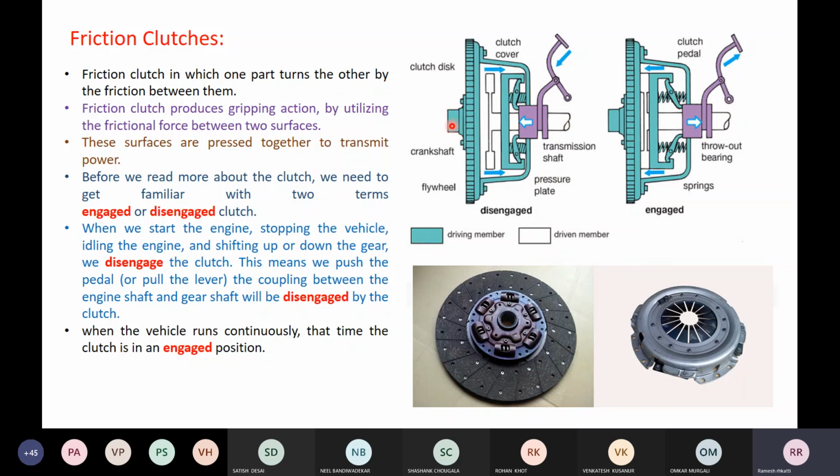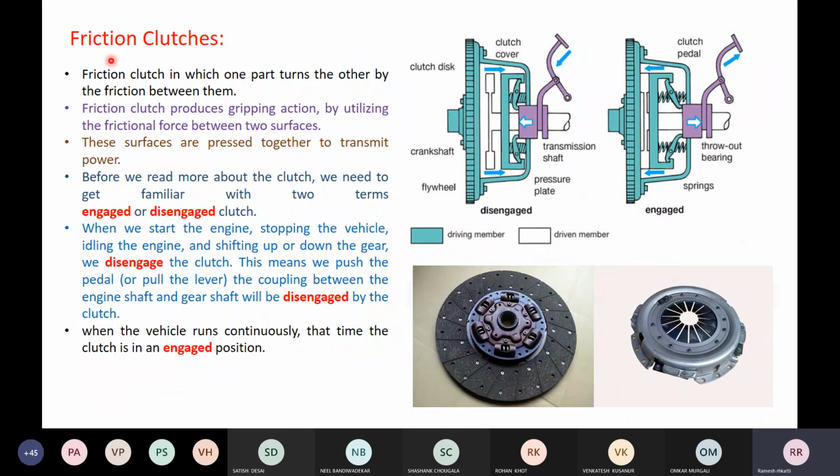This friction clutch is the one which turns the other by means of friction between them. Here you can see that we insert the friction clutches. As a result, it turns the other part by using the friction between the two members.